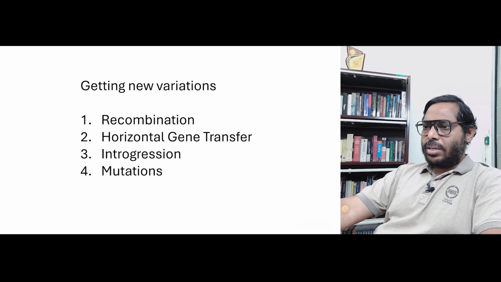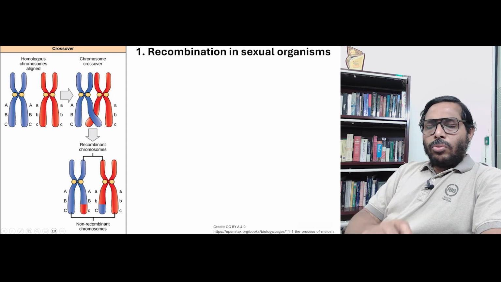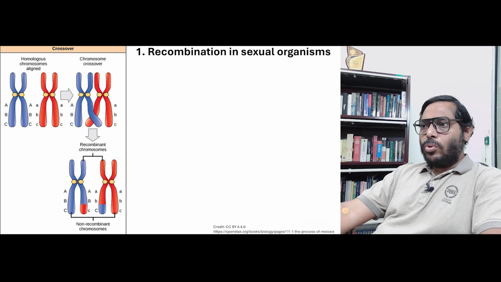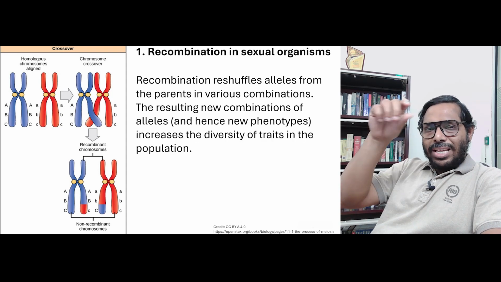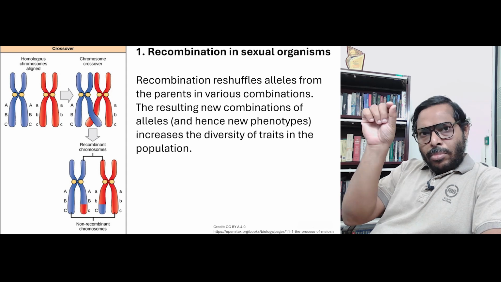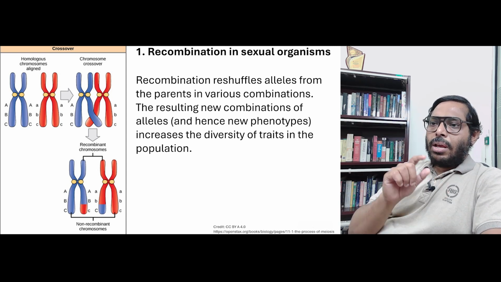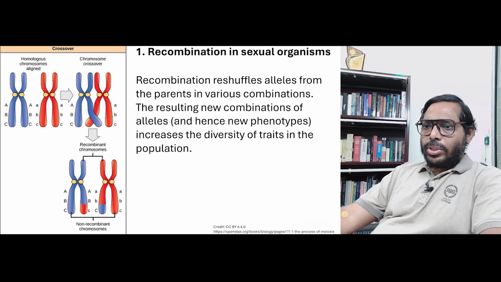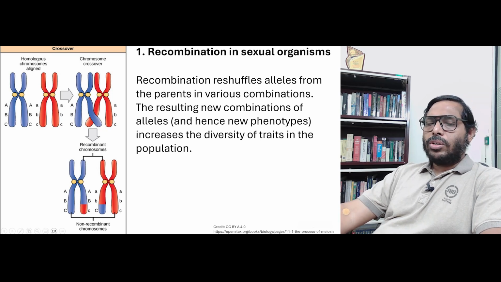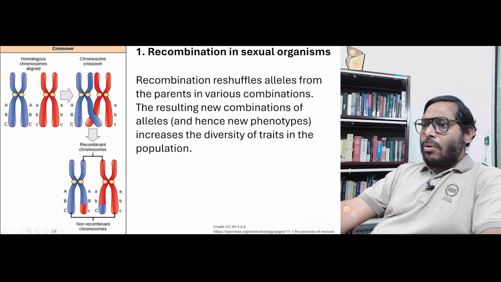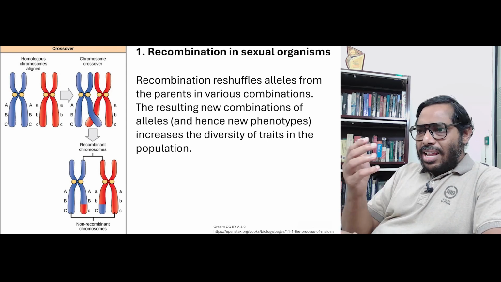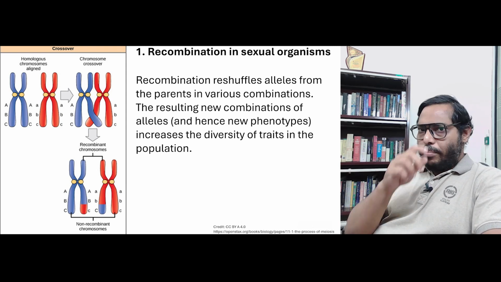So, first, recombination. What is recombination? As we know, recombination is the exchange of parts of chromosome during the process of meiosis 1, also known as crossing over. This is showing you the process of recombination. What recombination does is that it reshuffles the alleles from the parents in various combinations.